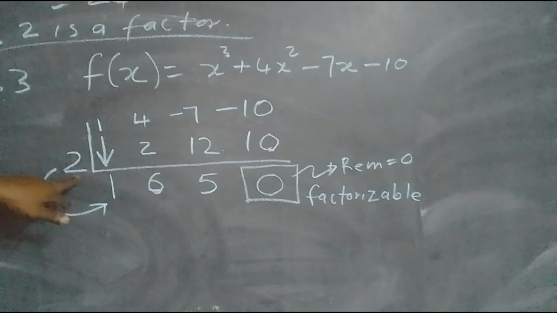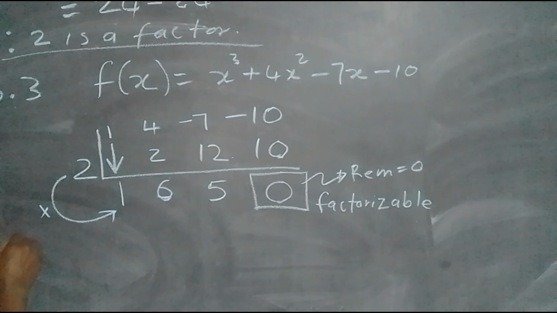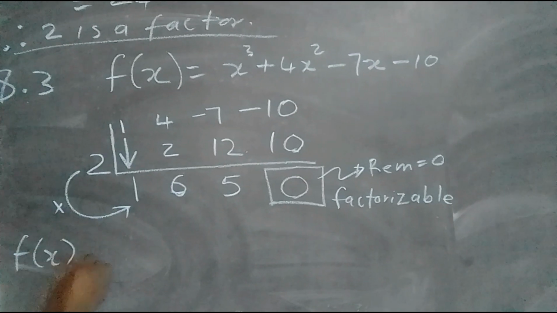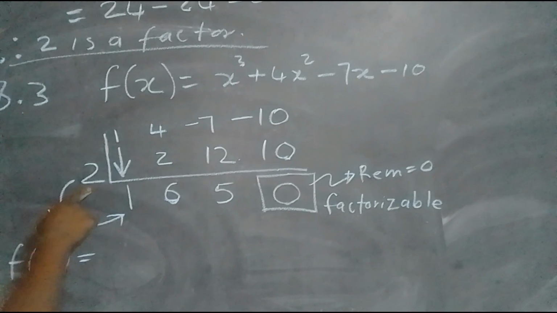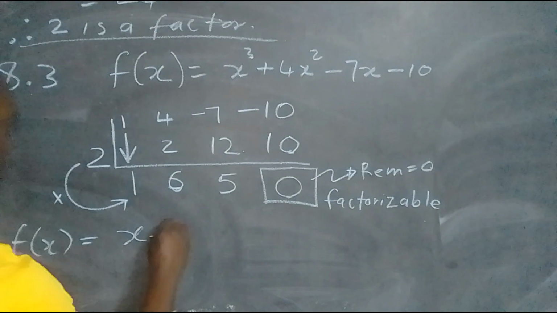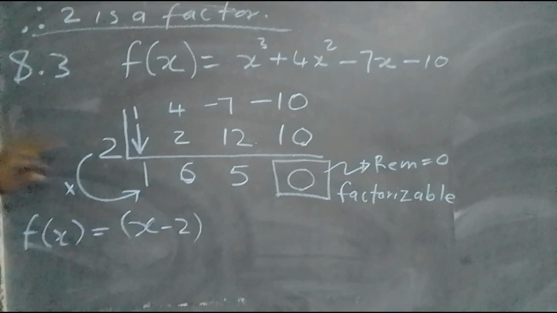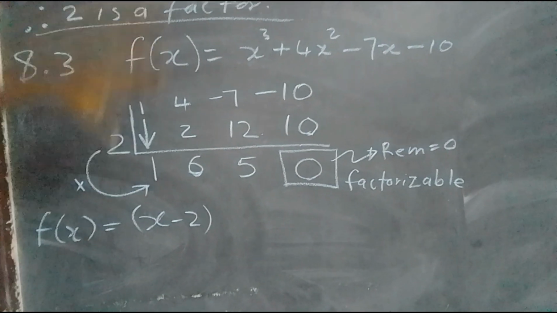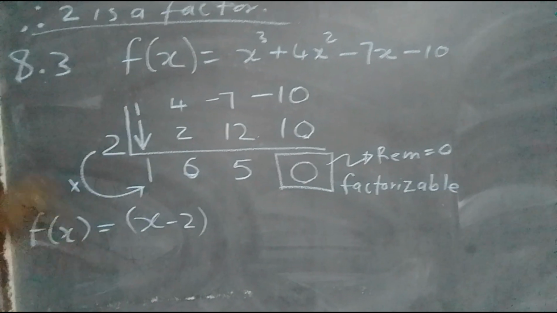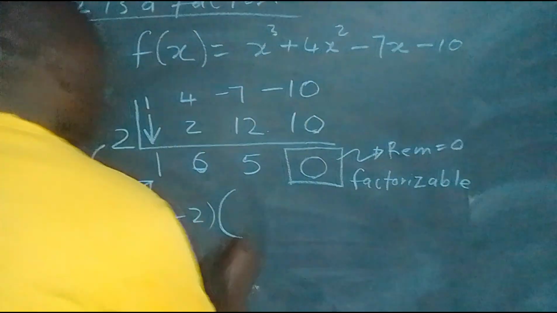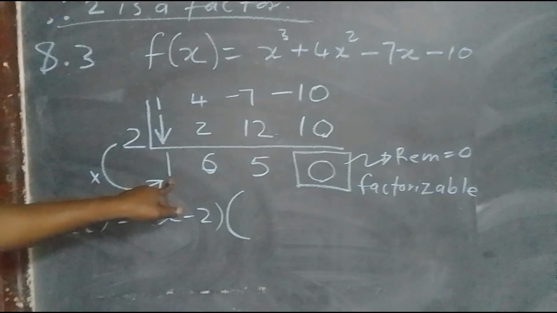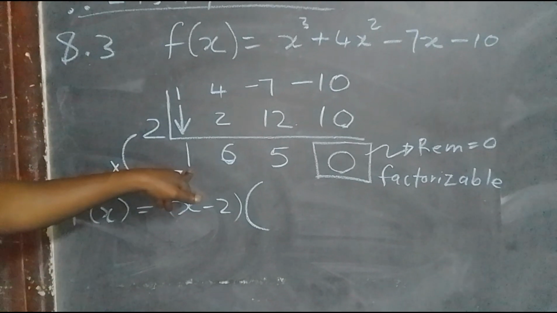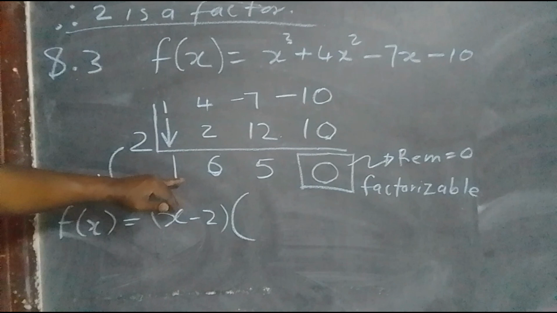Now what are the factors that we have? We have x equals 2. Now our f(x) equals x minus 2, the one that you used up there to prove that it's a factor of the function, followed by the coefficients of the quotient.